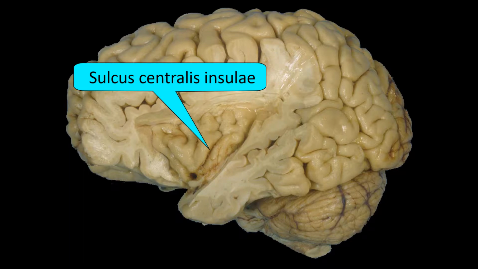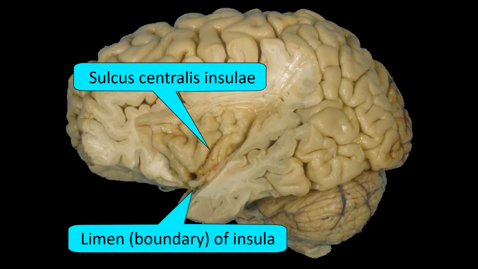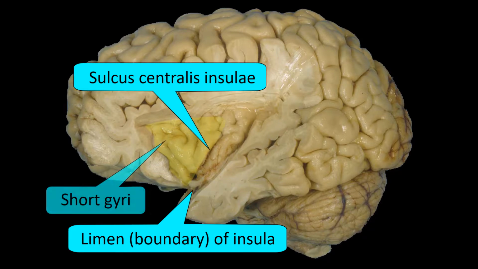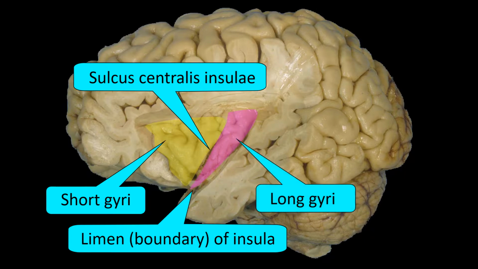This is the central sulcus of the insula. This is the limen of the insula. In front of the central sulcus of the insula, we have the short gyri of the insula, and behind, the long gyri.